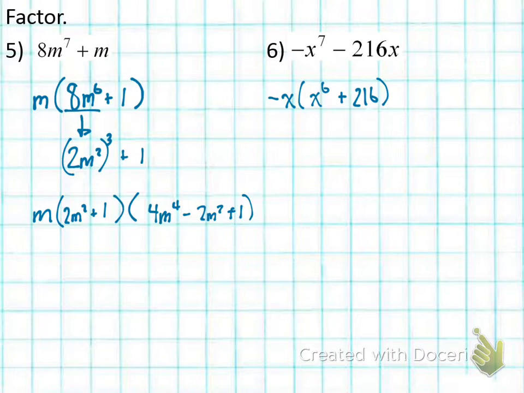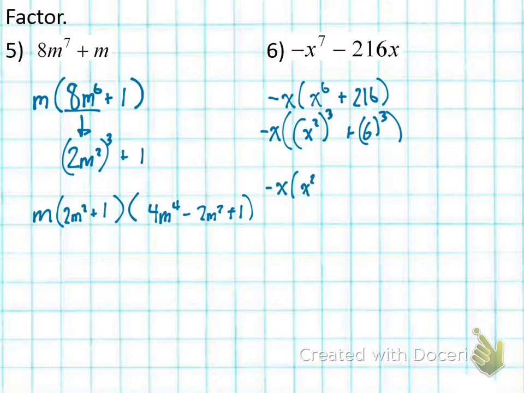In this example, we know that x to the 6th is x squared raised to the 3rd plus 6 to the 3rd. We got negative x, all of that, right? So this is going to be negative x times the quantity of x squared plus, I'm sorry, this is supposed to be a minus, x squared minus 6 times the quantity of x to the 4th plus 6x plus 36.